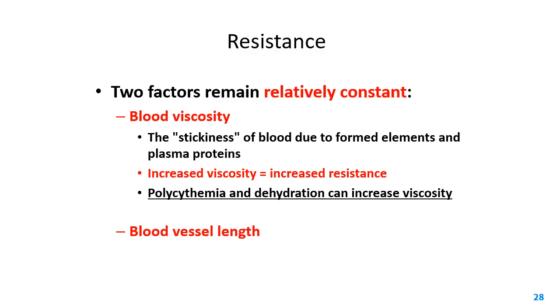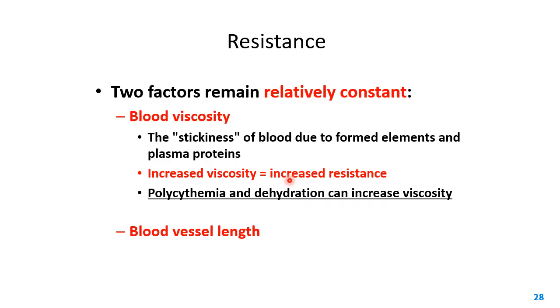First thing you're looking at is viscosity of the blood. That means how thick the blood is. Okay, if you increase the thickness of the blood, you are going to increase the resistance of the blood. How can you get the blood to be thicker?